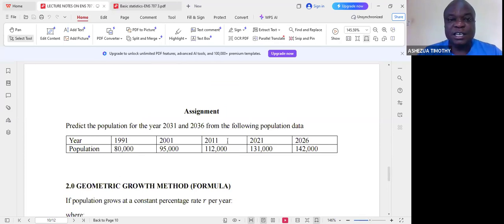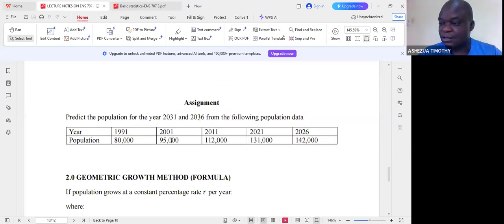Now, this is the assignment I gave you guys yesterday. I said predict the population for the years 2031 and 2036 from the following population data. The first row is the year, the second row is the population.